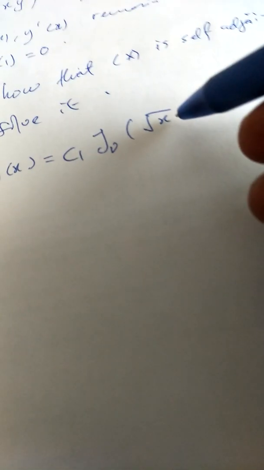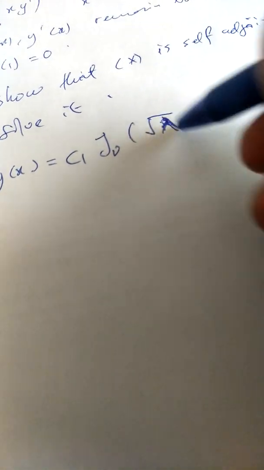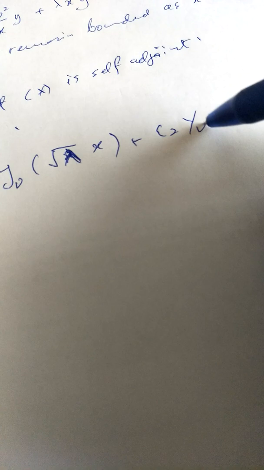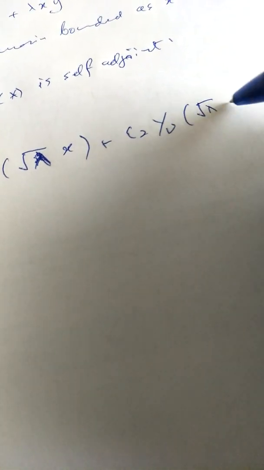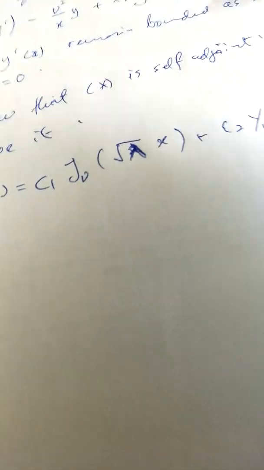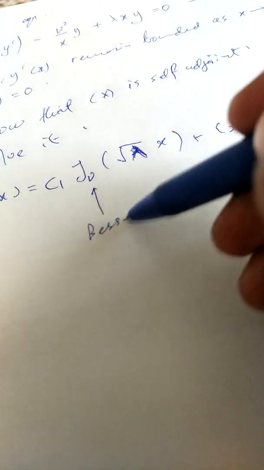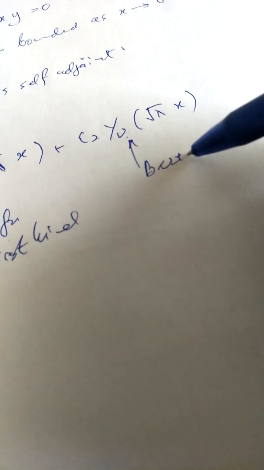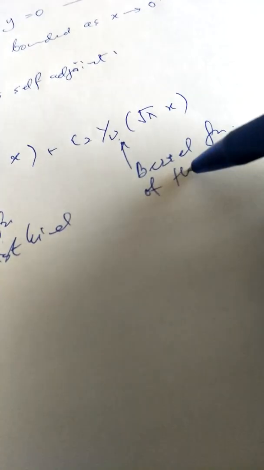The solution is given as y(x) equals c1 J_mu(sqrt(lambda) x) plus c2 Y_mu(sqrt(lambda) x), where J is the Bessel function of the first kind and Y is the Bessel function of the second kind.